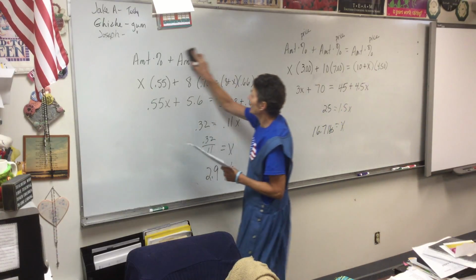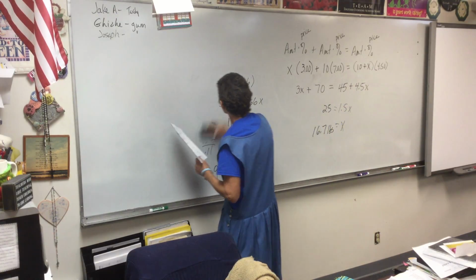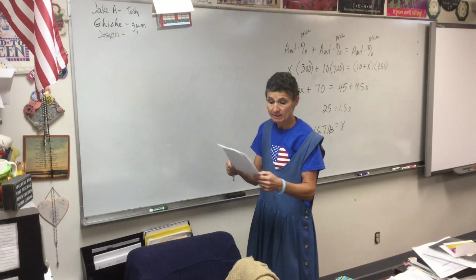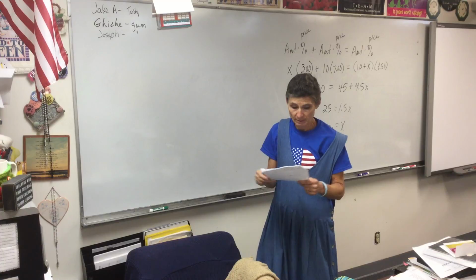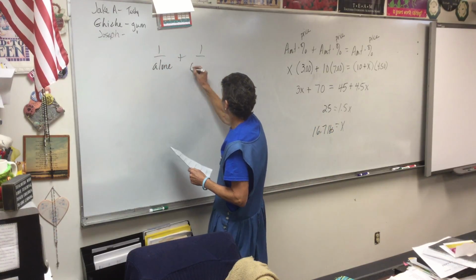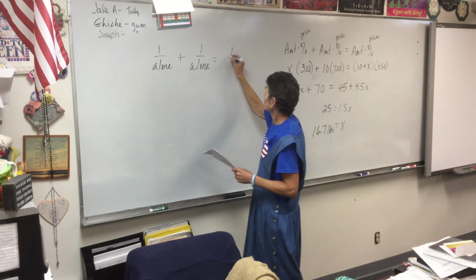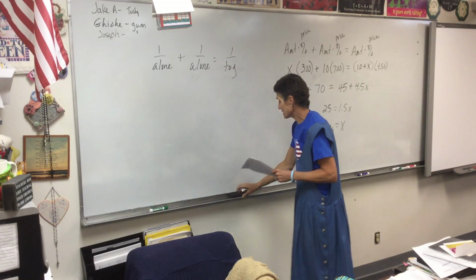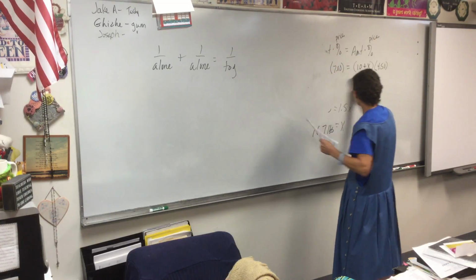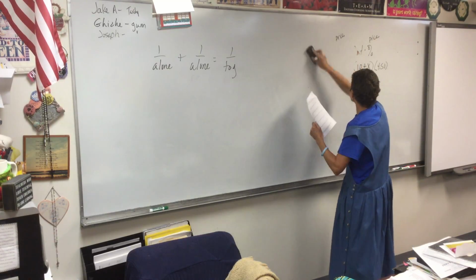Now, the only ones left are these 4, 5, and 6, the work problems. So 1 over alone plus 1 over alone equals 1 over together. And that's how I am going to do problem 4, problem 5, and problem 6.